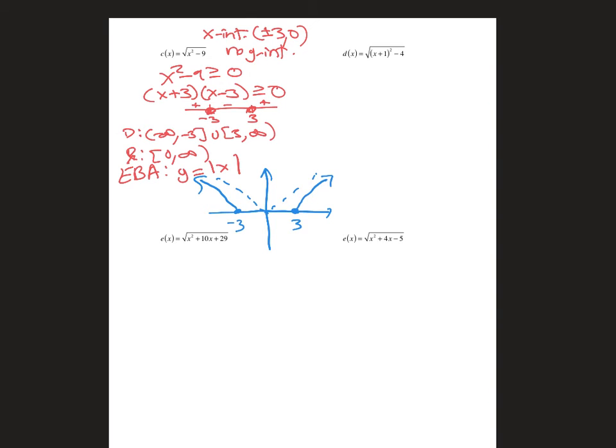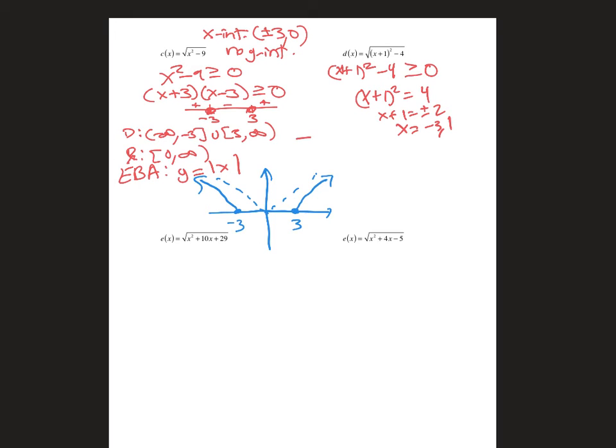So in this case, instead of just x squared, I have x plus 1 squared, but it's a very similar type of problem. So let's start by finding my domain here, which will also help to figure out if there are any x-intercepts. I need x plus 1 squared minus 4 to be greater than or equal to 0. Let's see where this equals 0. So I've got x plus 1 equals plus or minus 2. So my x-intercepts are -3 and 1.